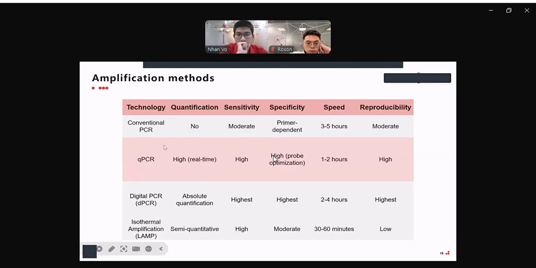For this question, I'll tell you why the qPCR is recognized as the gold standard later, and we can make a summarization of these four methods.